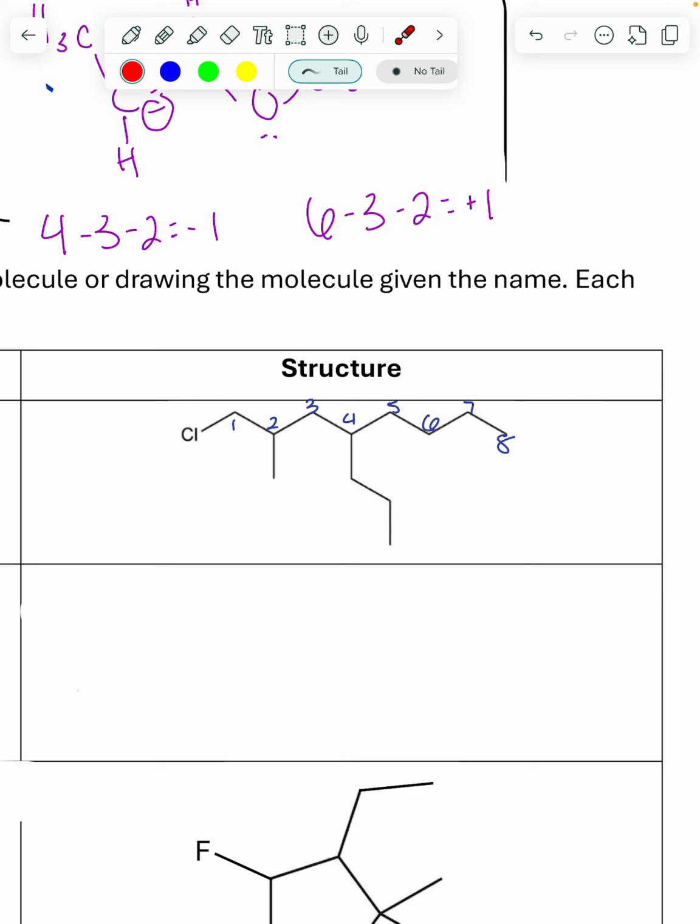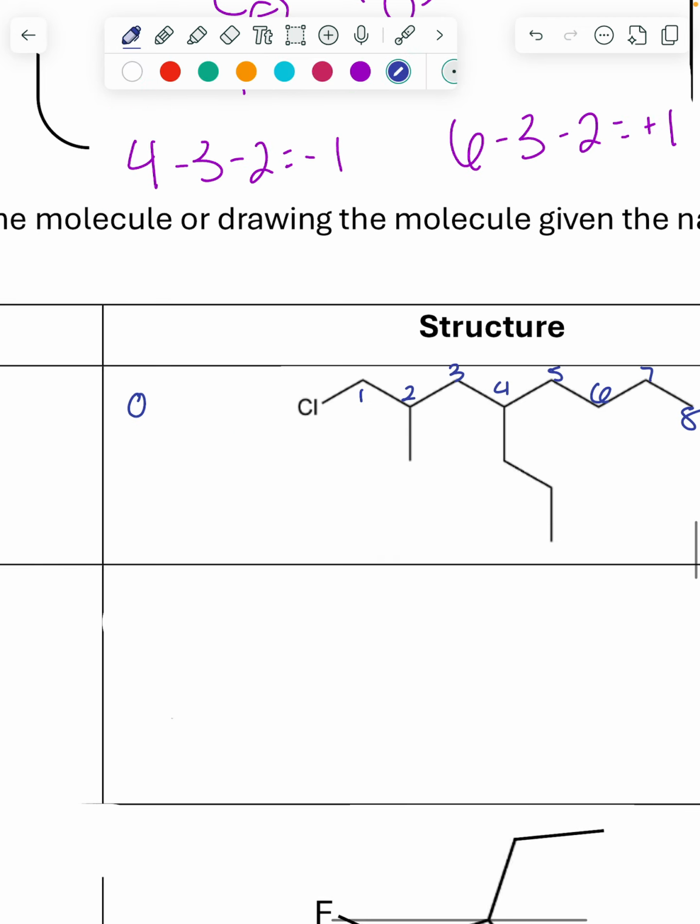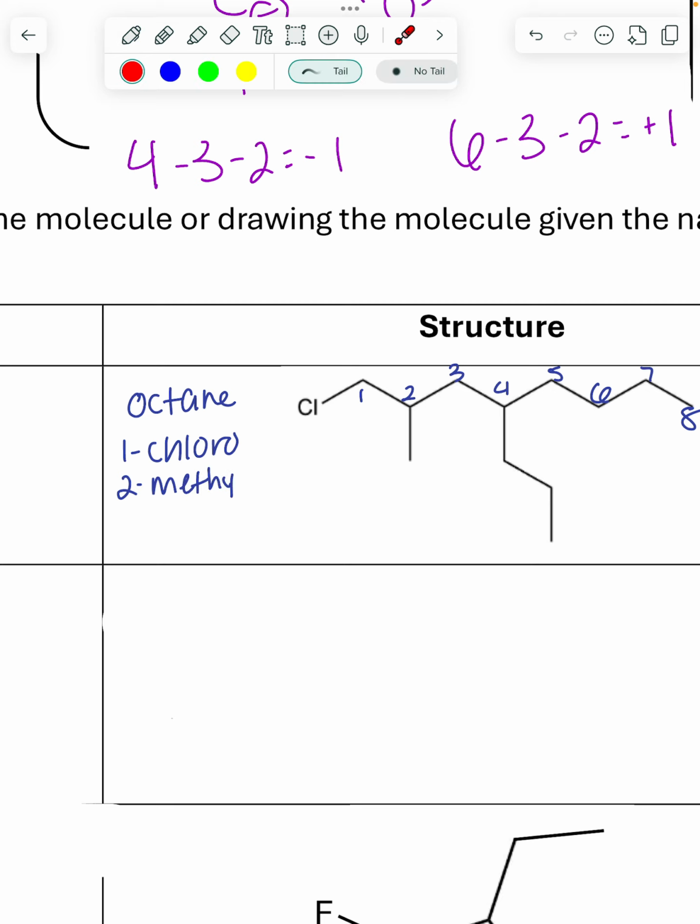And now you have to do what we know. So this is an 8 carbon chain. Octane is 8. So we know that it's octane. We know that there's a chlorine on carbon 1. So it's 1-chloro. We see there's a methyl on carbon 2. And we know that it's 1, 2, 3.